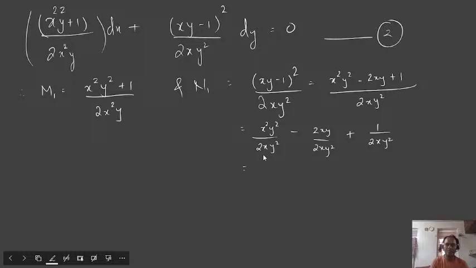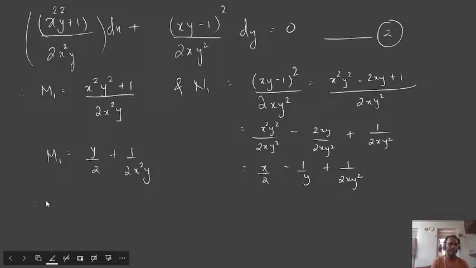Now this gets cancelled, so x by 2 minus 1 by y plus 1 over 2xy square. And here on m1 you will get y by 2 plus 1 over 2x square y.